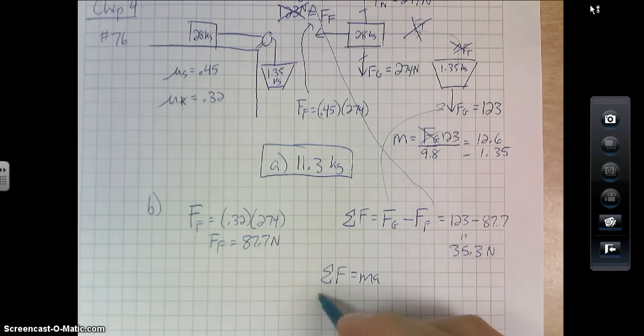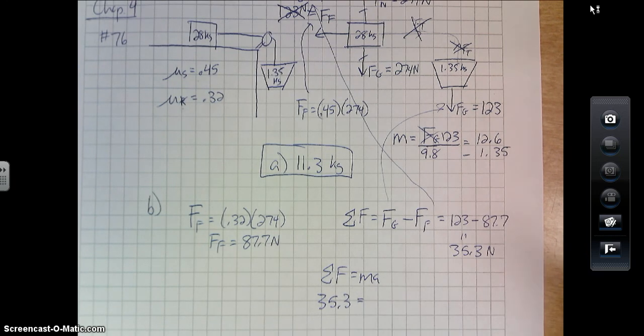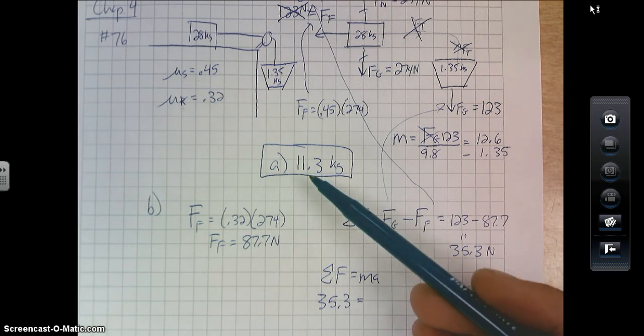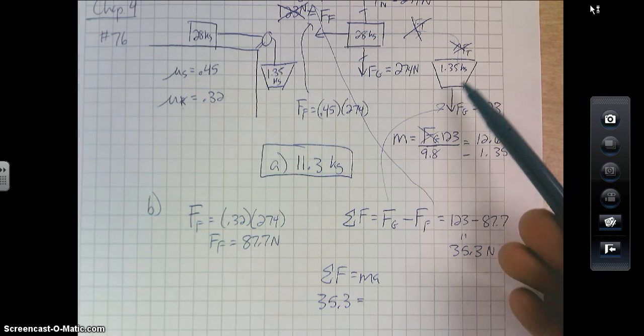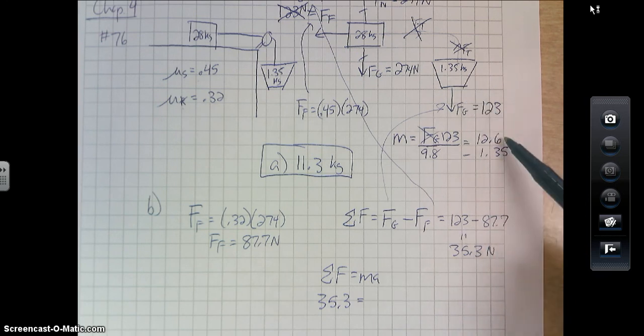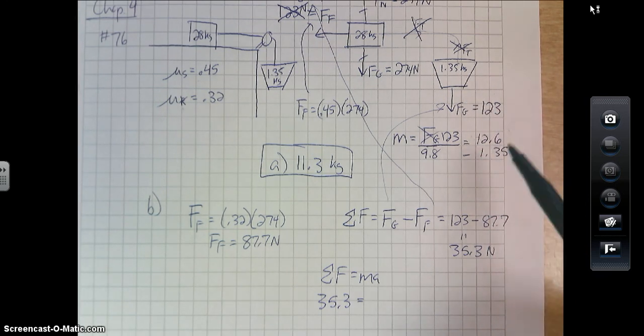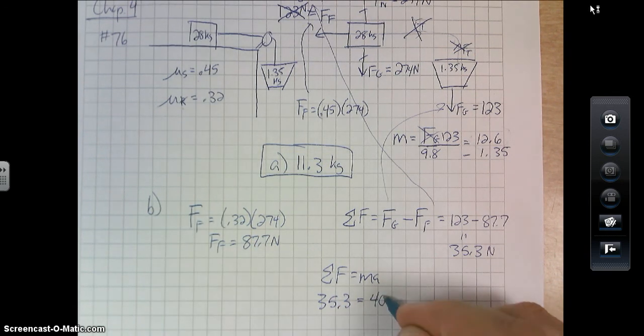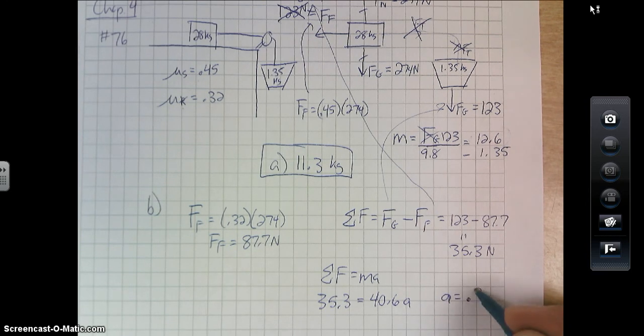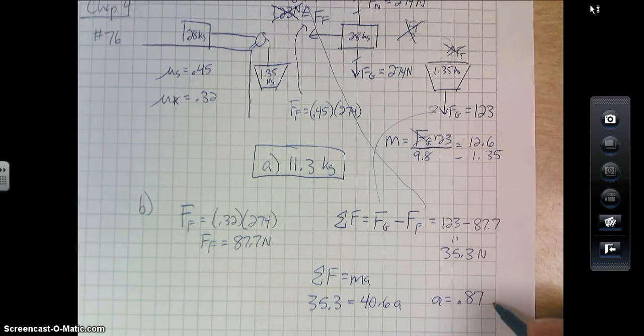We've got 35.3, and now be careful with the total mass. You can't just use the 11.3 kilograms because it's also in the bucket, right? So we said that the total mass was 12.6 kilograms plus the 28 kilograms, so that's 40.6 times A. So A, or the acceleration, ends up being 0.87 meters per second squared.